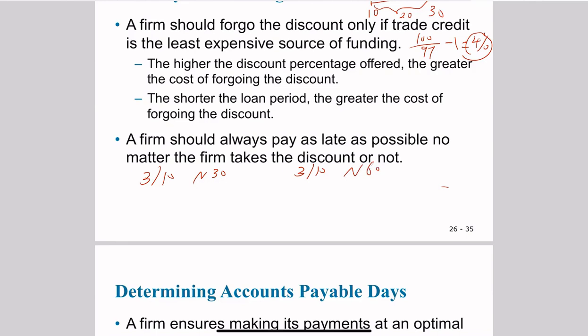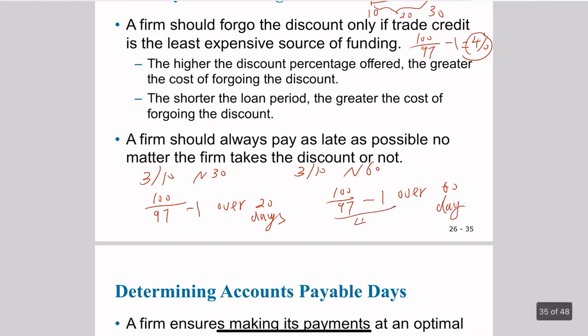So in this case, your interest rate is 100 divided by 97 minus 1 over 20 days. And then in the second case, it's 100 divided by 97 minus 1 over 60 days. So you can see that in this case, you're paying a 4% interest rate over 60 days. But in this case, you're paying a 4% interest rate over 20 days. Oh, sorry.